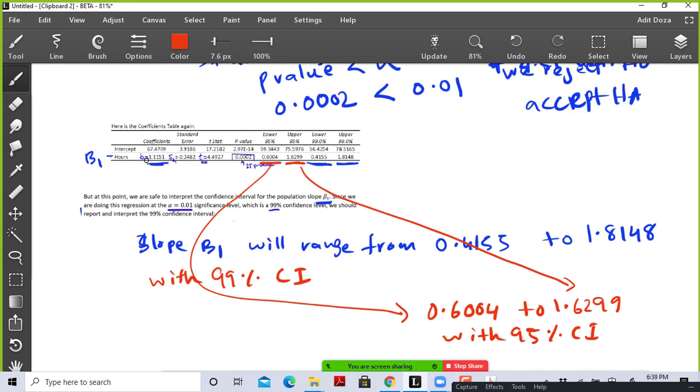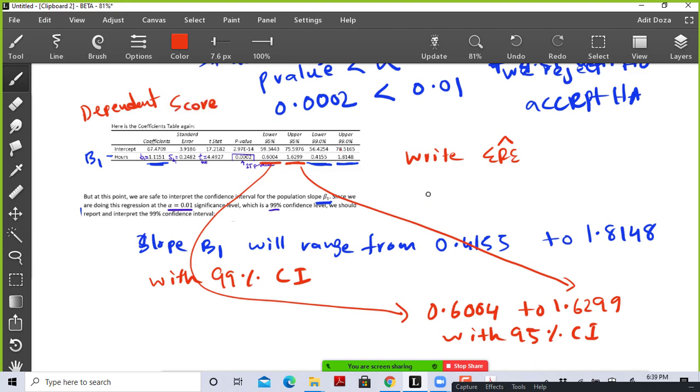Can you write this model? If I ask you to write the estimated regression equation, what would it be for this? Let me tell you the dependent variable here is score.